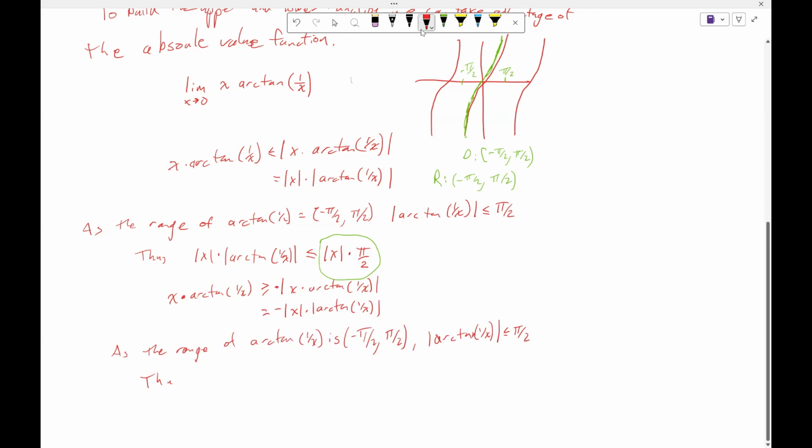Thus, minus the absolute value of x times the absolute value of arctan of 1 over x is greater than or equal to minus the absolute value of x times pi by 2.